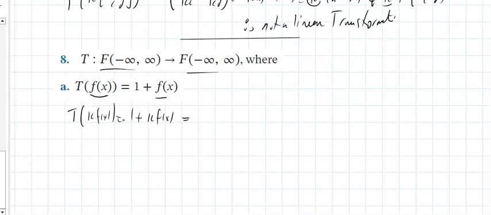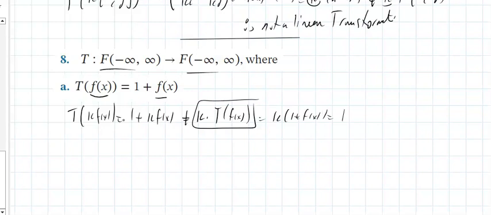That does not equal k times T of f of x, which is actually k into 1 plus f of x, which is k plus k f of x. And obviously that doesn't match because of that one. So therefore, not a linear transformation.